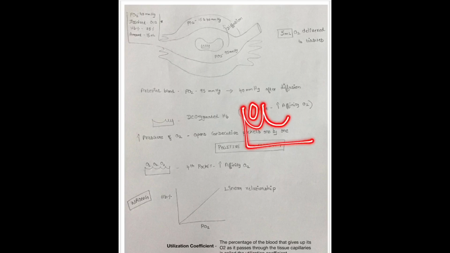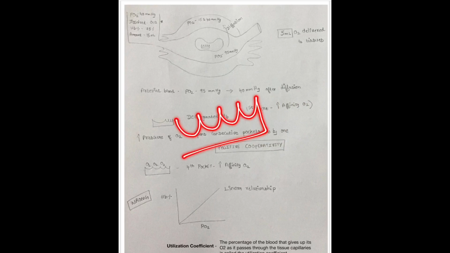When the first pocket gets filled with an oxygen molecule, the second pocket will open, and now it will be in higher need for oxygen, so it will be filled with another oxygen molecule. In such a way, the third pocket and fourth pocket will get opened and be filled with oxygen molecules. This cooperation of the pockets for the oxygen molecules is known as positive cooperativity.